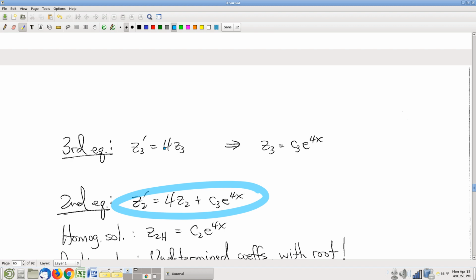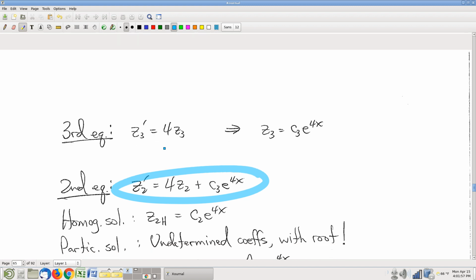This is where things start to get a little annoying and tedious, but it's just a matter of being patient. The homogeneous part is quite straightforward. It's natural growth again, so you can write down the homogeneous solutions very easily. It's that non-homogeneous part. What do you do here? How do you find a particular solution? Go back to section 4.3.